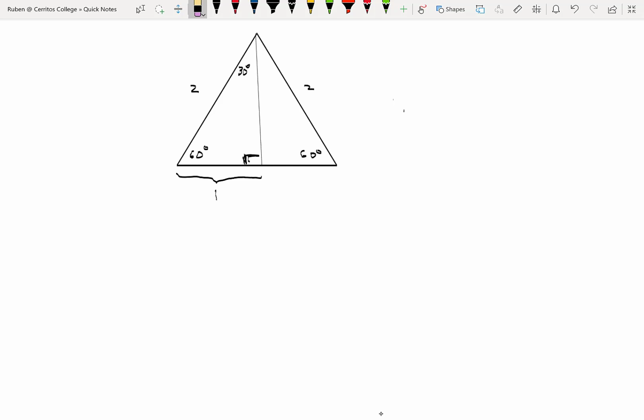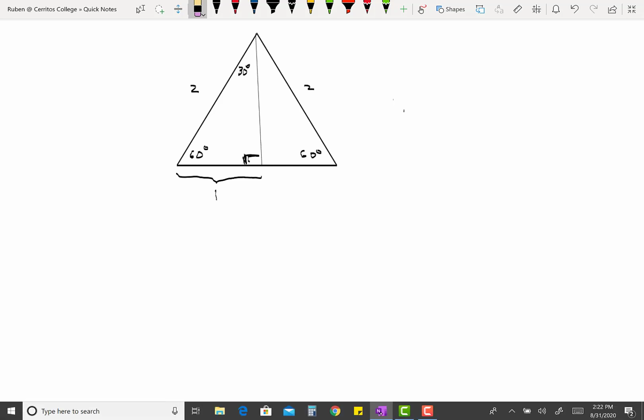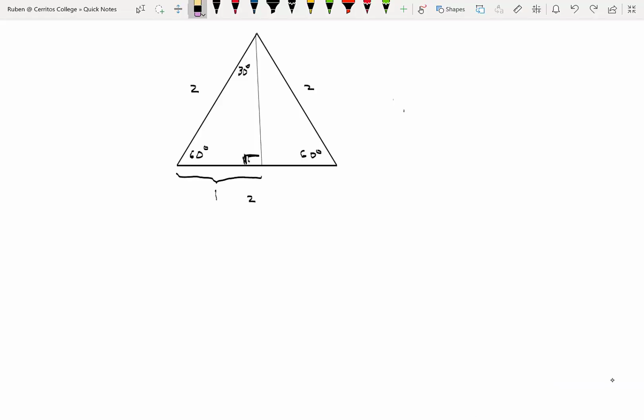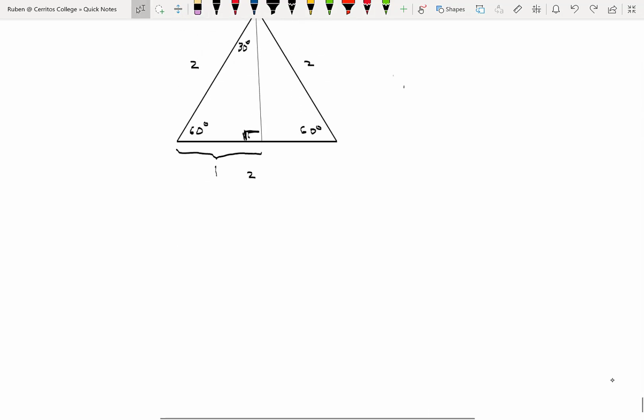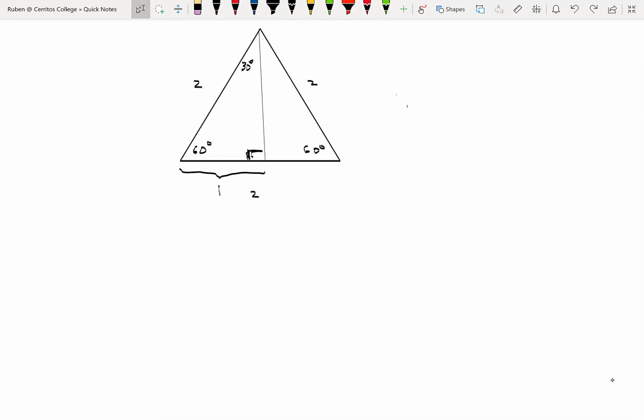So let's isolate that 30, 60, 90 triangle and eliminate the other half. I'm going to attempt to do that with my eraser. Okay, here we go. I guess I could have shut the video off so you didn't have to watch me do all this erasing work. That's all right.